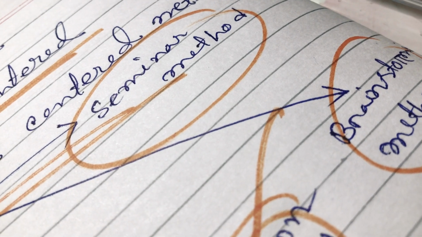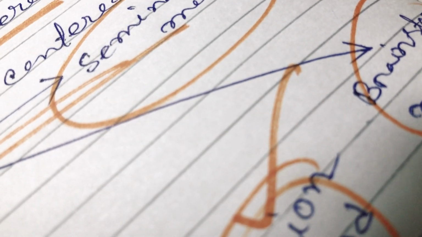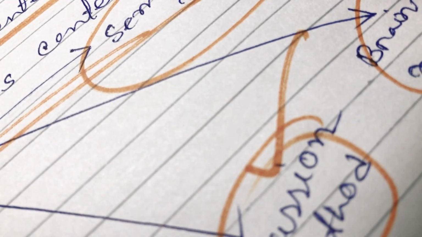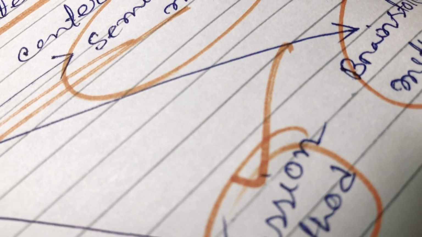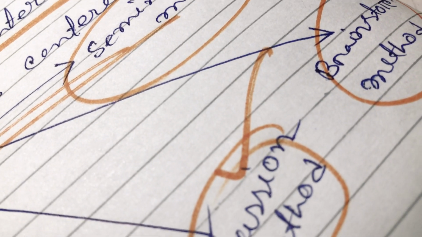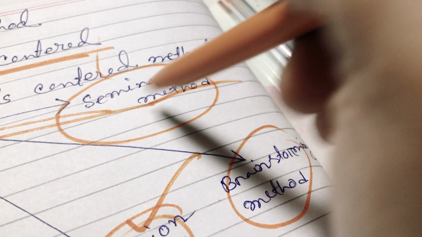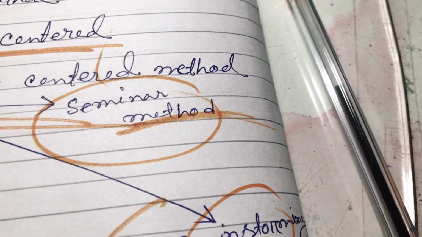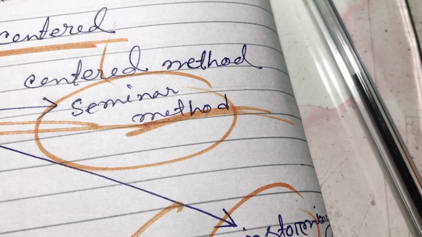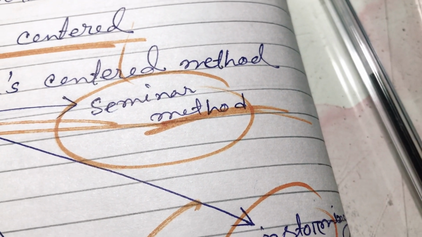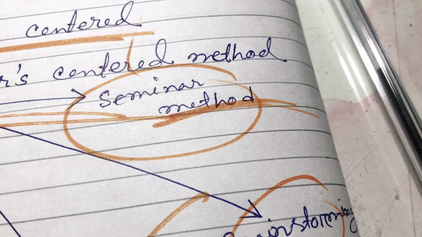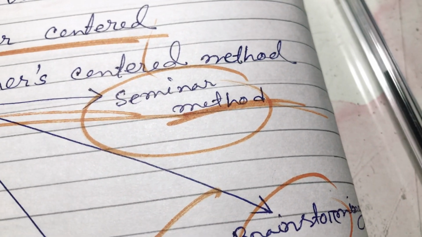The seminar method is a method in which a group of students or group of people come together for discussion or to learn specific techniques or topics, through a known speaker who will discuss several keynotes, and these speakers are usually experts in their own subject or topic. So in the seminar method, people, peers or students go to the seminar, and the expert, the most knowledgeable person, professor or whoever is very knowledgeable, will come and give a lecture, or give some very authentic knowledge. It should obviously be authentic knowledge.